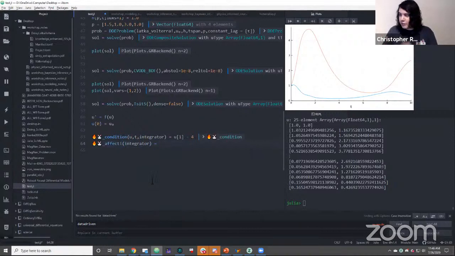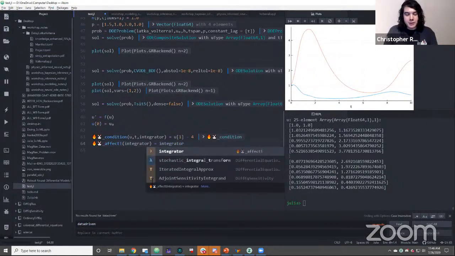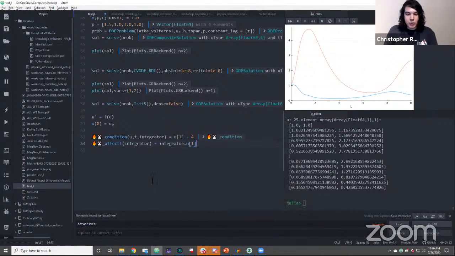Like, let's say everyone goes hunting and you hunt 1 million rabbits instantly. So what we would do is we would say integrator.u of 1 minus equals 1, right? So whenever u of 1 equals 4, then subtract 1 from the first component of the ODE.